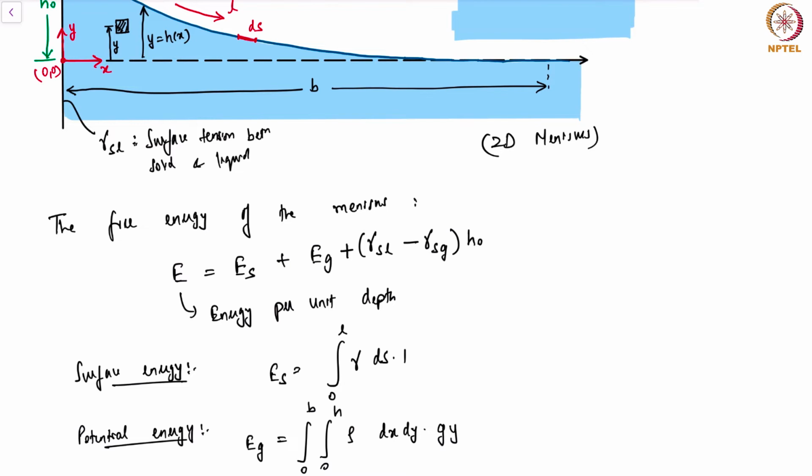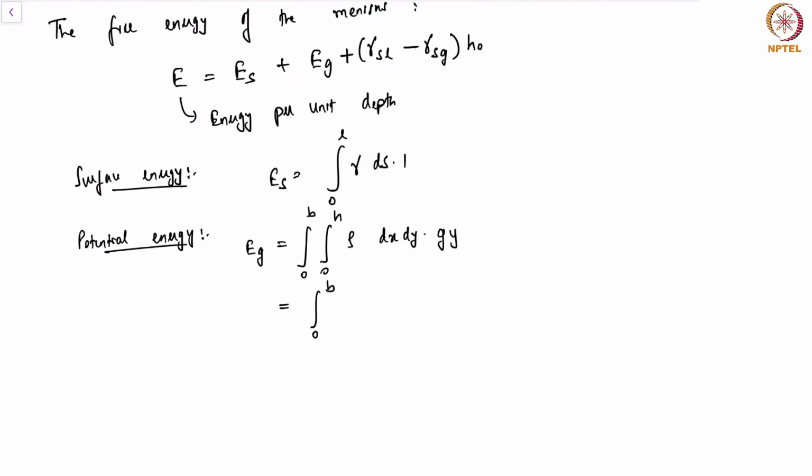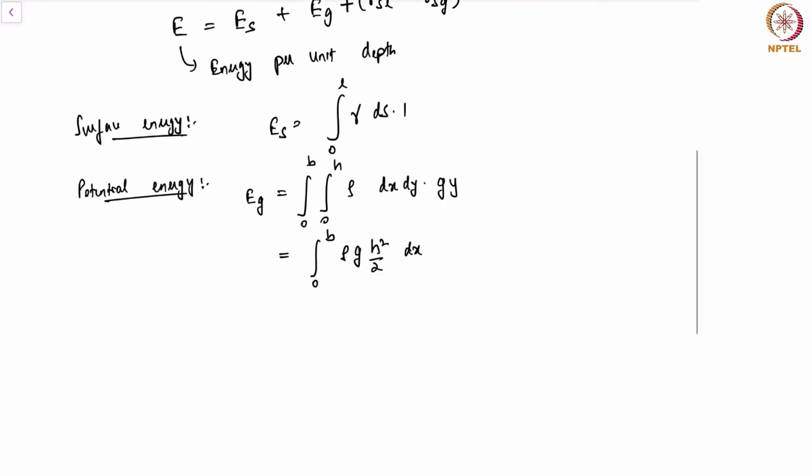So I go from 0 to h and 0 to b. If I integrate in y, rho g y dy essentially becomes h squared by 2 dx.